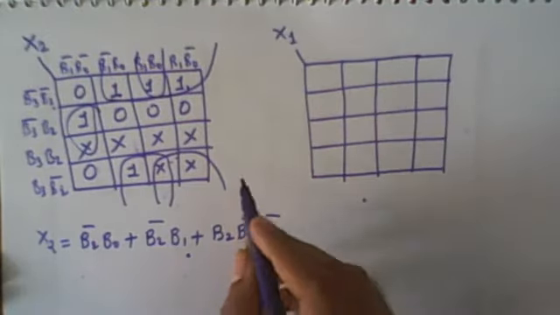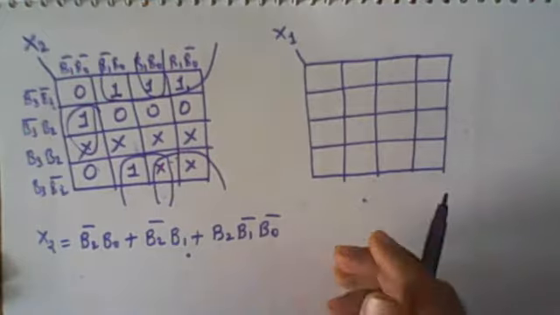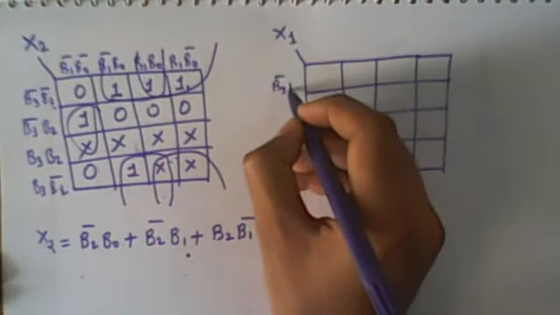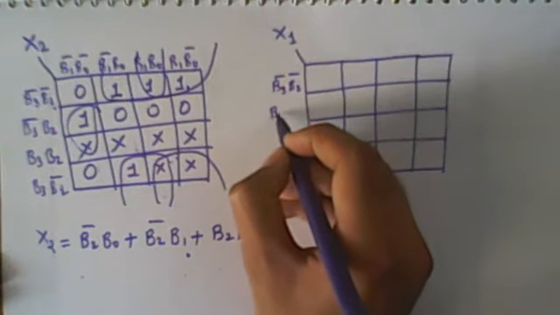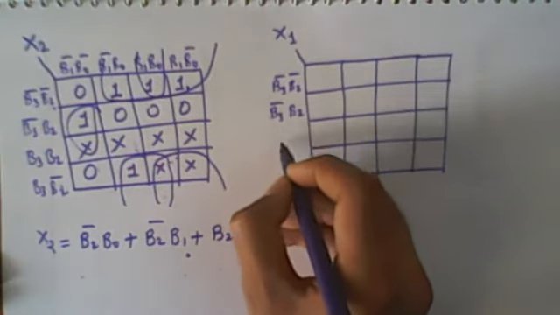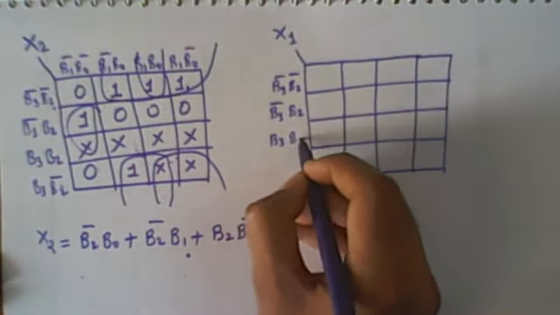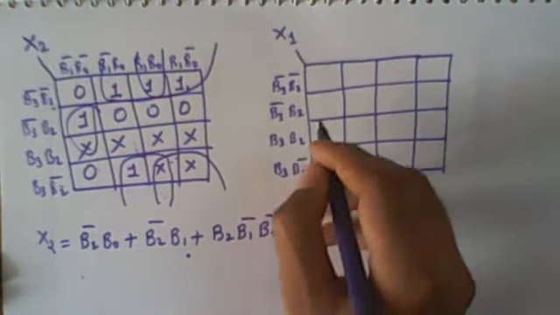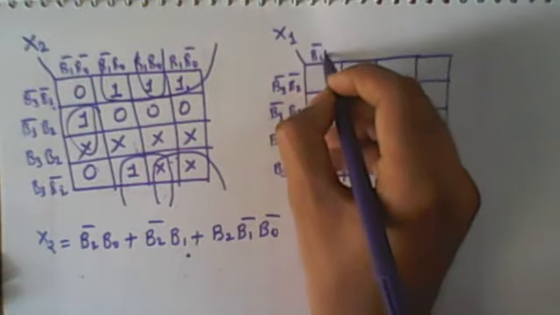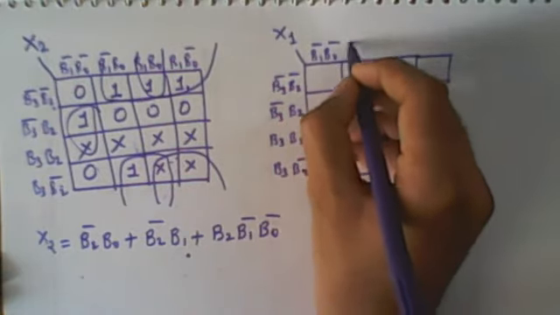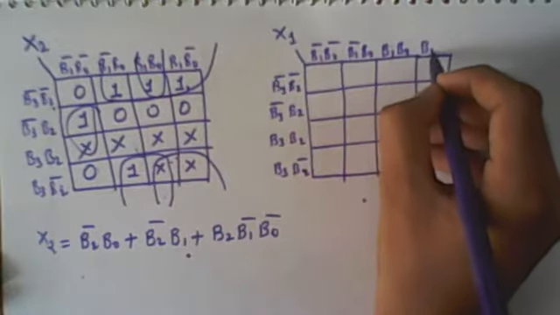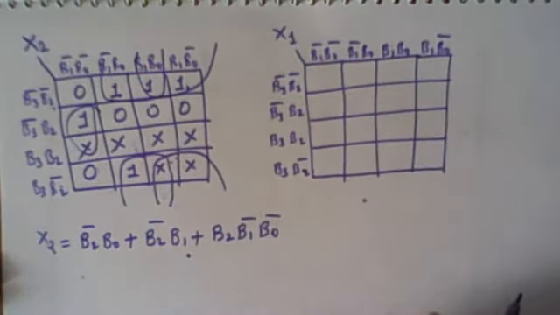Here let me substitute: B3 bar B2 bar, B3 bar B2, B3 B2, B3 B2 bar, and B1 bar B0 bar, B1 bar B0, B1 B0, B1 B0 bar.